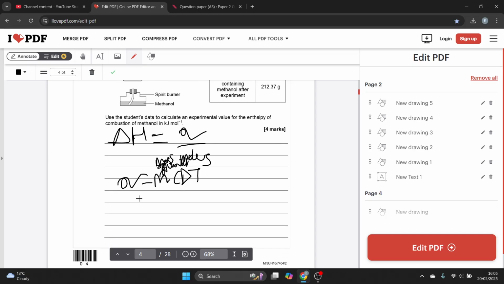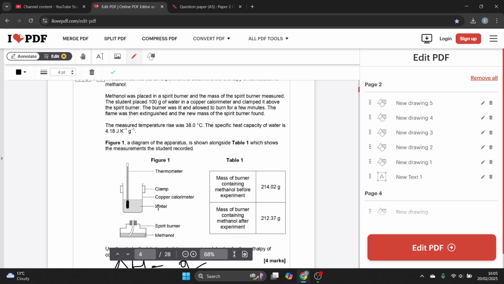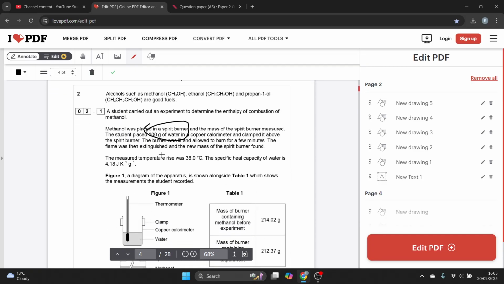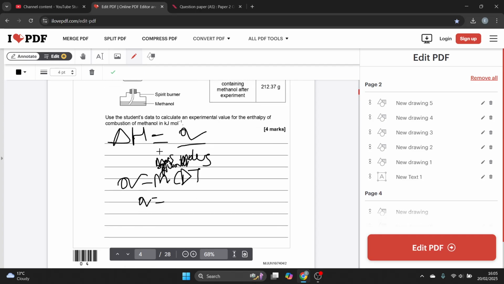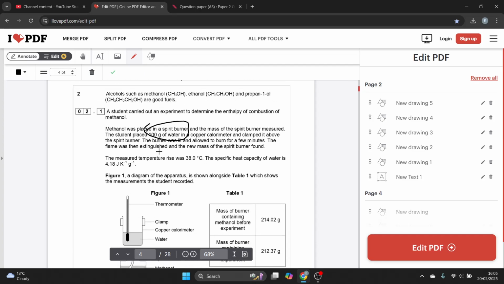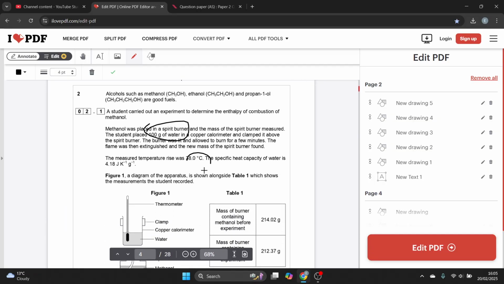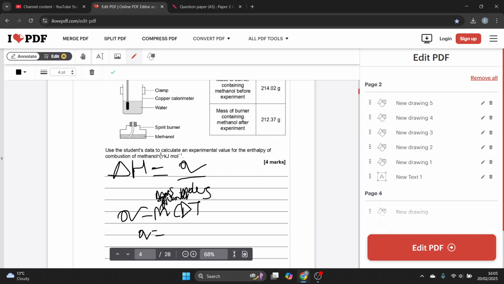So Q equals the mass of water, which is 100 grams, 100 times 4.18 times the temperature rise, 38. That's Q in joules, but I want my final answer in kilojoules, so it's going to be 15,884 times 10 to the power minus 3 divided by number of moles.